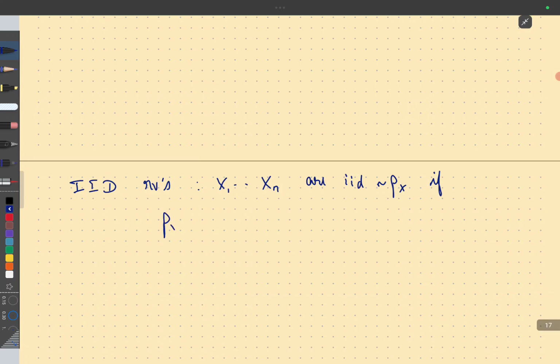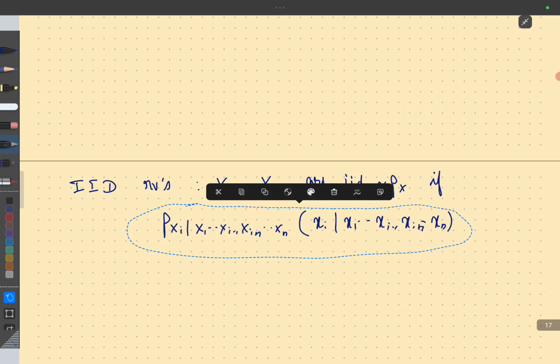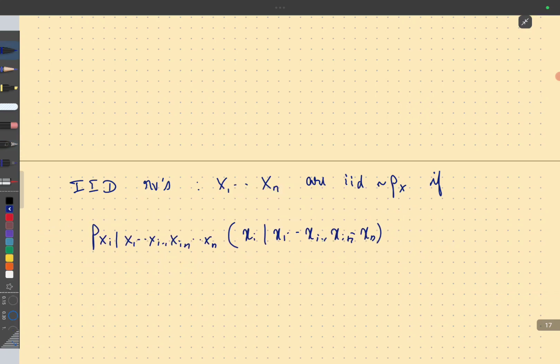Right. So that's one way of saying it. That is, the conditional probability of any xi given x1 up to xi minus 1 and xi plus 1 up to xn is equal to P_X of xi.